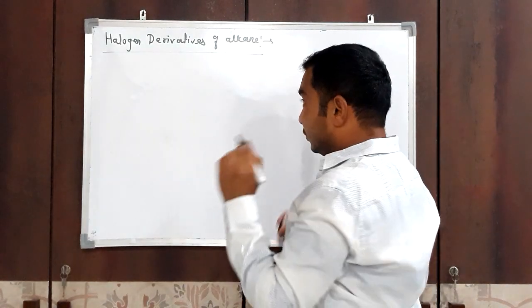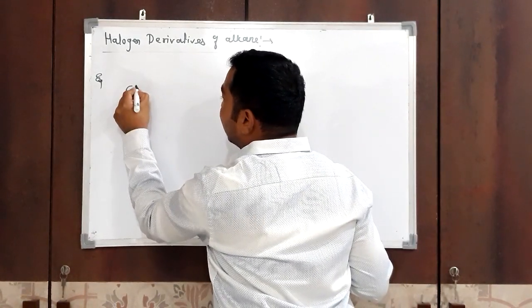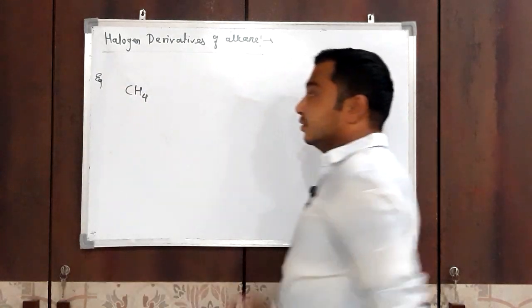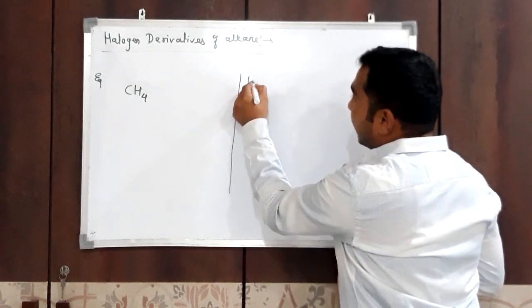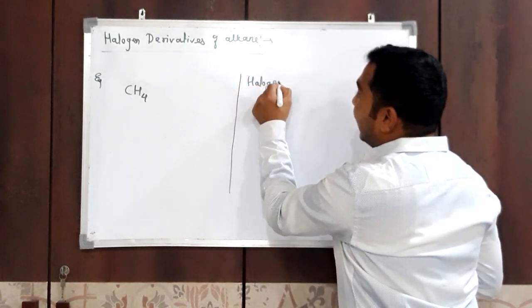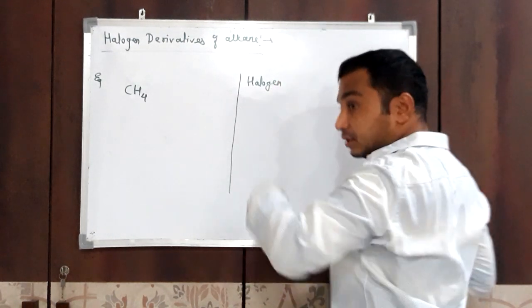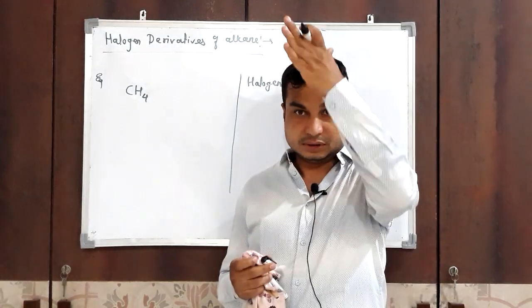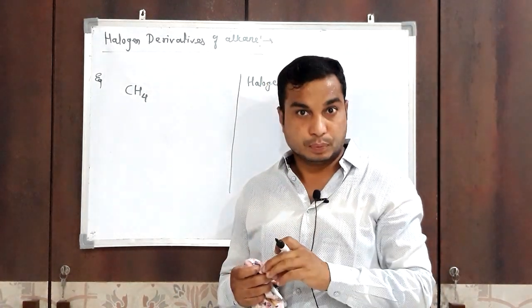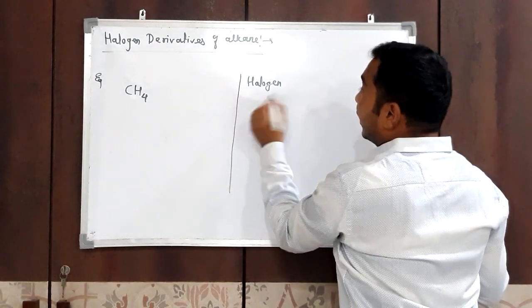So for this, just consider any alkane, for example methane. And again, what is halogen? Halogen means the elements belonging to the seventh group, that are called halogens.